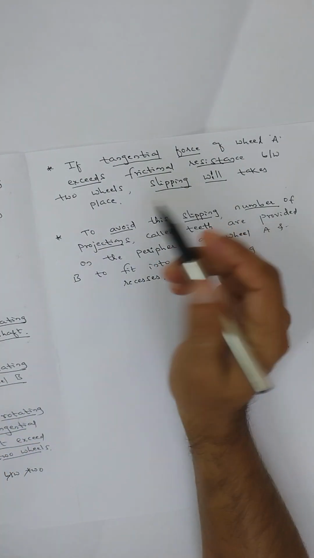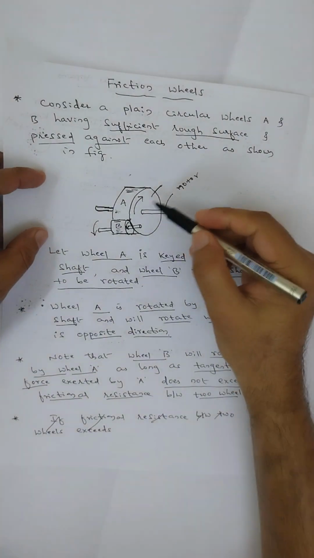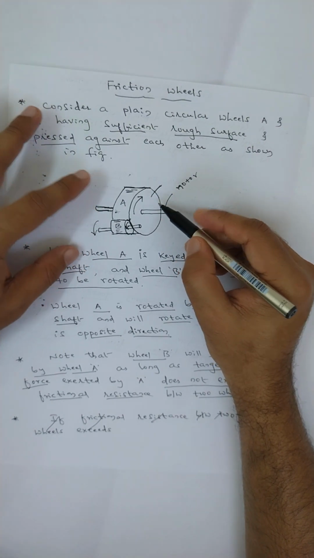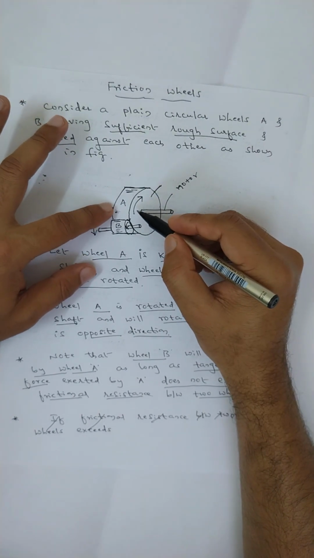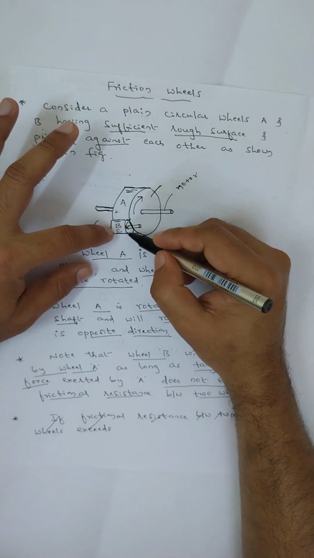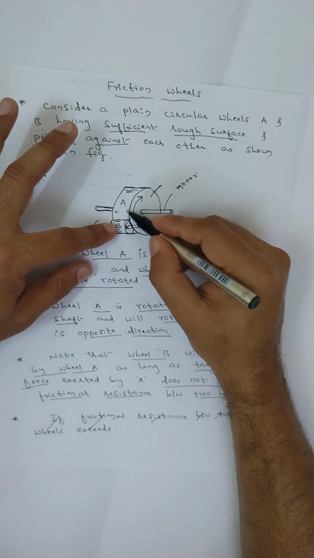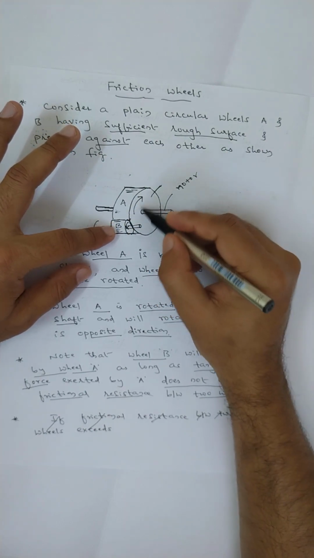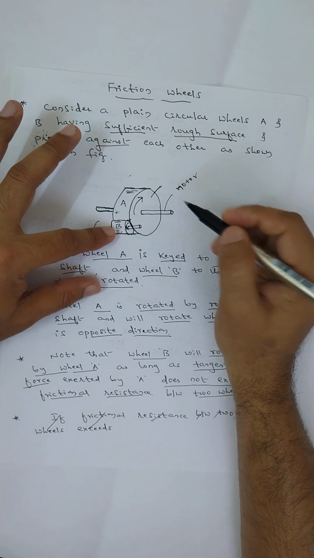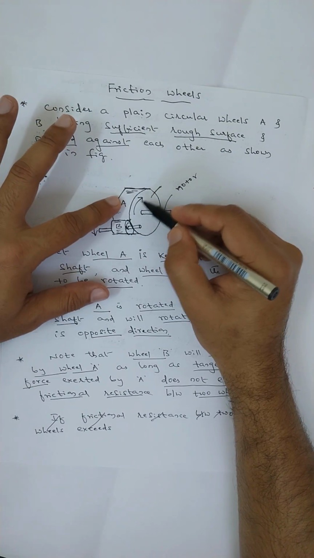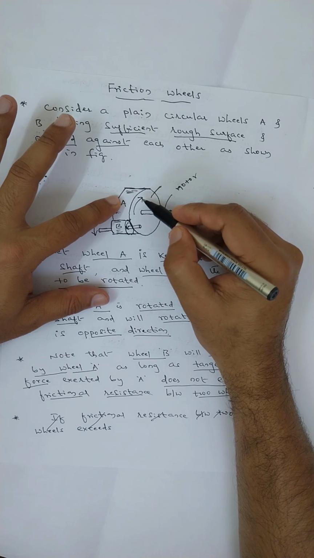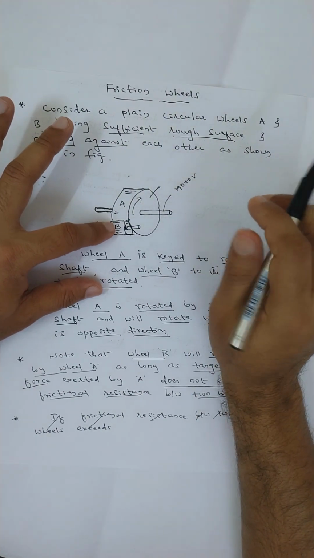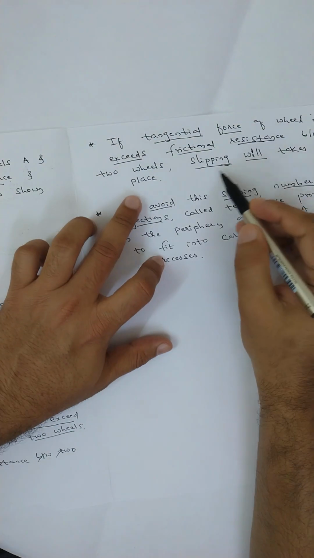Remember, the tangential force is generated by wheel A. If this tangential force does not exceed the frictional resistance between these two wheels, then they stay connected and rotate in opposite directions. If the tangential force of wheel A exceeds the resistance force between the two wheels, then slipping may occur. This is the main cause of the slipping.